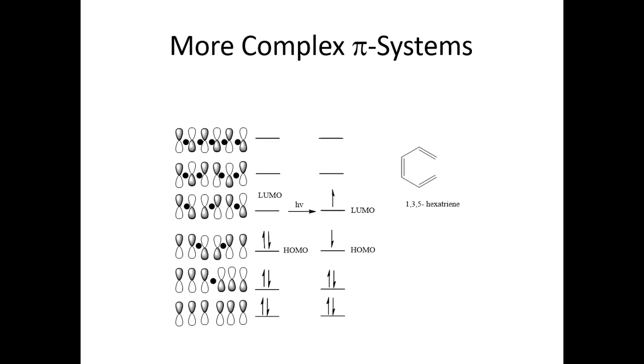Again, you have your ground state here, HOMO and LUMO, and then you have your excited state where now the HOMO is, that's a typo, the HOMO should be here, and then the LUMO should be here.